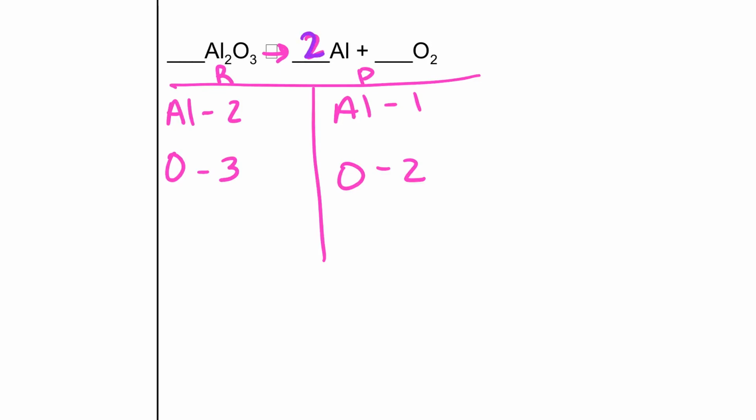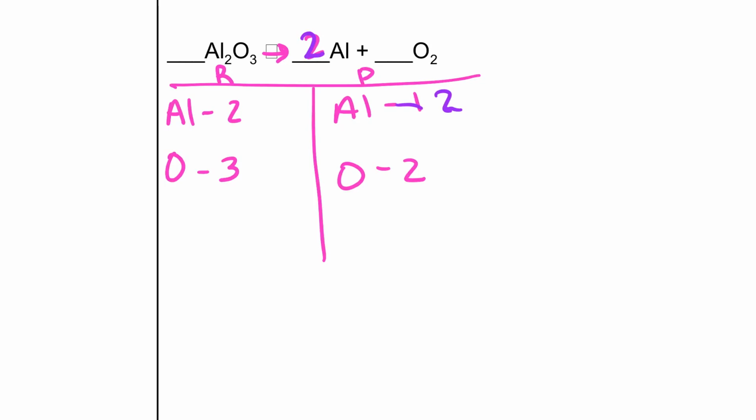But by putting that 2 there, I still don't balance my oxygens. So now I need to go back and balance my oxygens. Well, I have 3 on the reactant and 2 on my product, which means I have to make it into a least common multiple because 3 and 2 are not factors of one another.